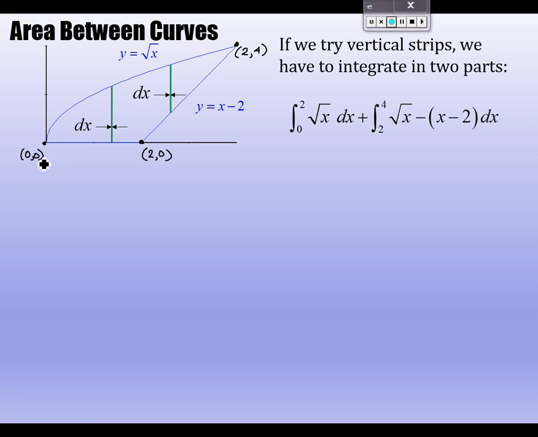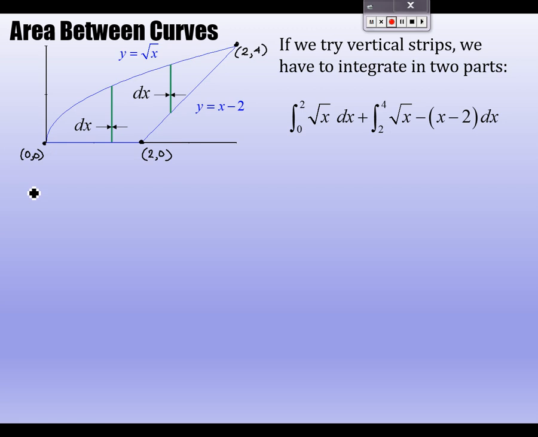Okay, with that assumption clear, is it clear how I came up with that set of two integrals? The first one represents the area just under the square root function. And by the way, does it work to say this function minus this function? I mean, we really do have a third function here, don't we? y equals 0. So maybe we've always been doing this. The bottom function has always been y equals 0, right?